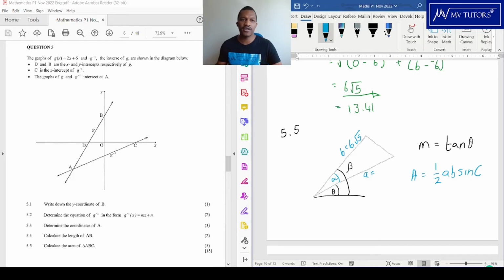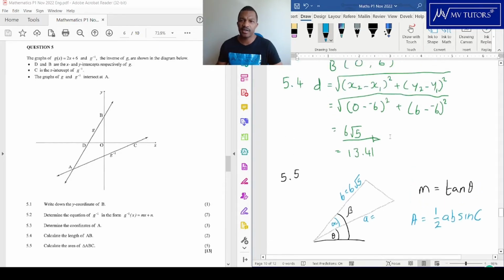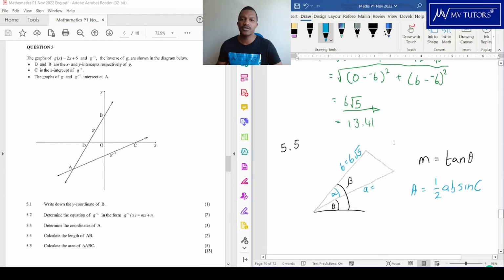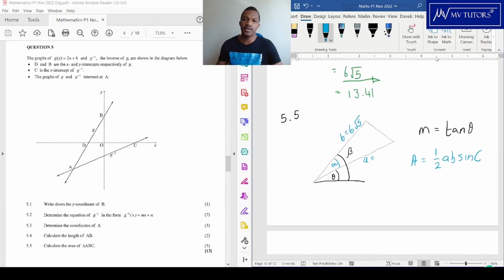Fortunately, the calculation for A is almost similar to B, but let's just do it.